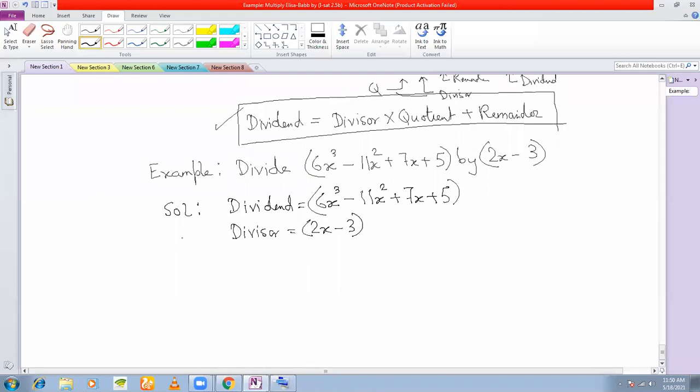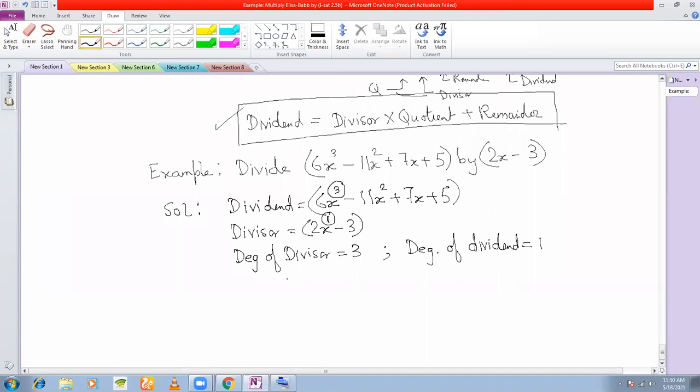What you must also note is the degree of the dividend: what is the highest power of x here? 3. So degree of the dividend is 3. And what is the degree of the divisor? The highest power of x here is 1. So degree of the divisor here is 1.